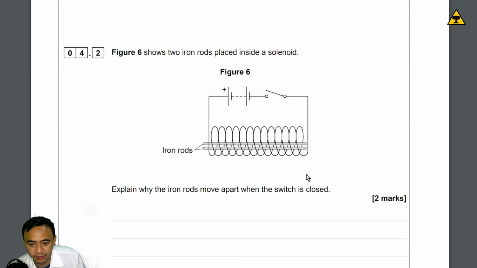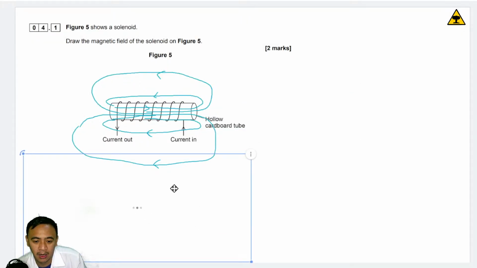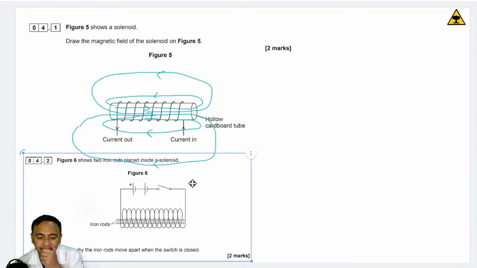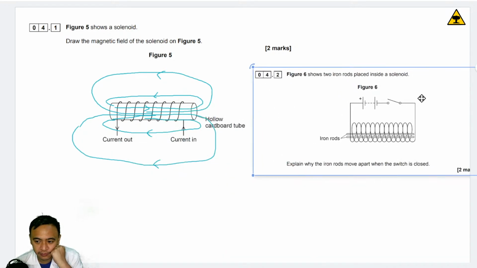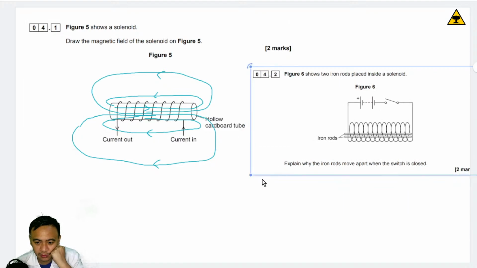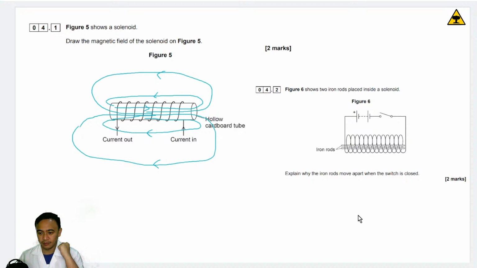Why do they move away inside the solenoid? Two marks. What are the key words you need here for your 2 marks?